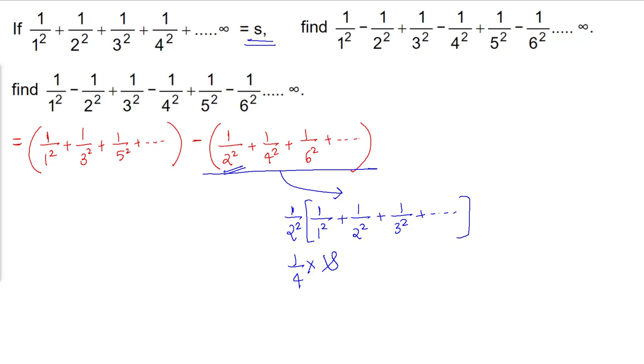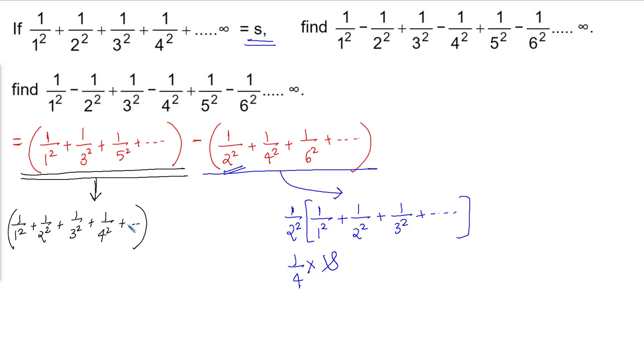In the first bracket what is given? Look here, in the first bracket 1 by 1 square plus 1 by 3 square plus 1 by 5 square is there. Now this first bracket, can we write it using all the terms? All the terms means s, which is 1 by 1 square plus 1 by 2 square plus 1 by 3 square plus 1 by 4 square and so on till infinity. From all the terms, which terms we don't want?